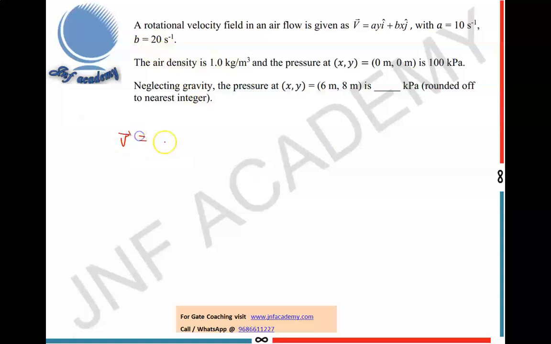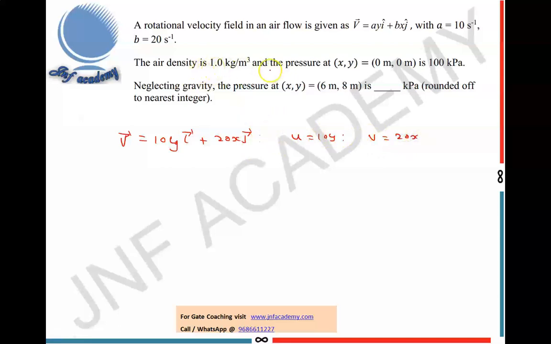V vector is equal to 10 y i vector plus 20 x j vector, and then the small u is nothing but 10y and the small v, velocity along the y direction, will be 20x. That's what is given in the question.